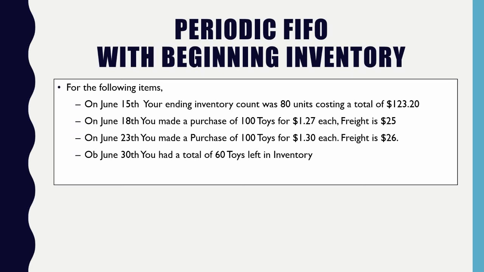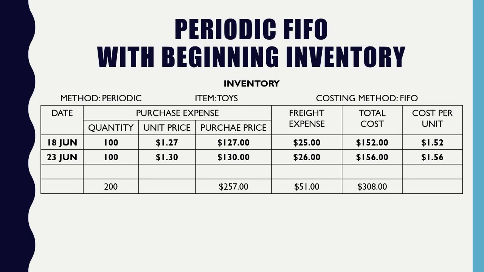So first thing we're going to recognize is going to be the June 18th. You made a purchase of 100 toys for $1.27 each. Freight is $25. So again, we're going to be looking into making another purchase. We made a purchase of 100 items at $1.27, and we recognize the formula, which is the 1.27 times 100.